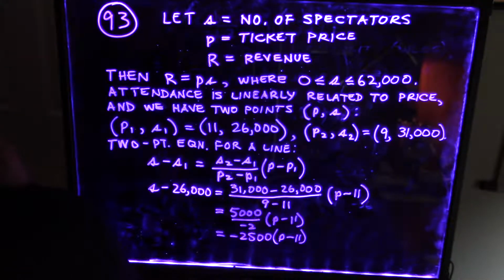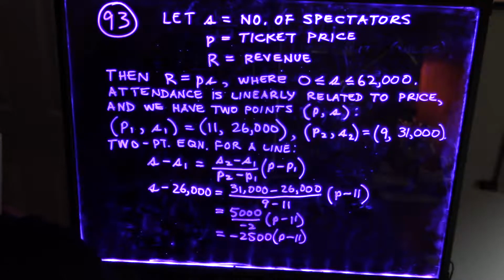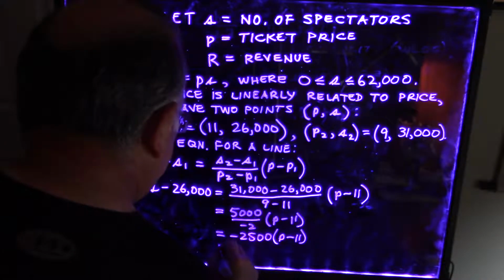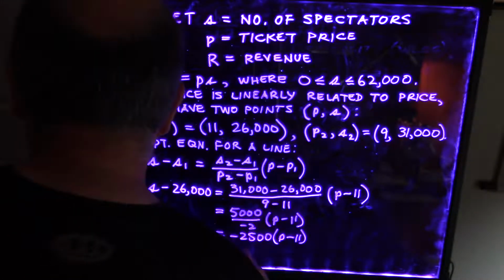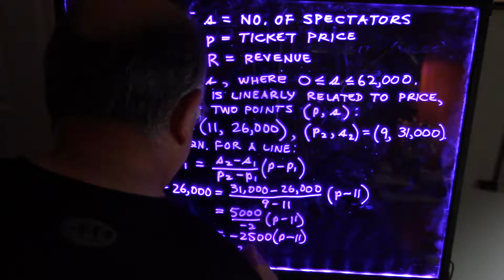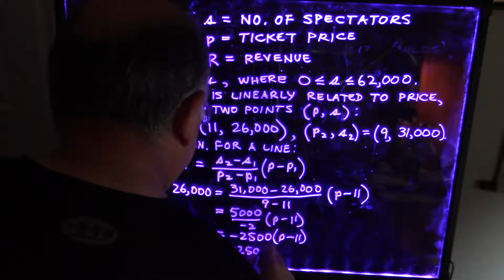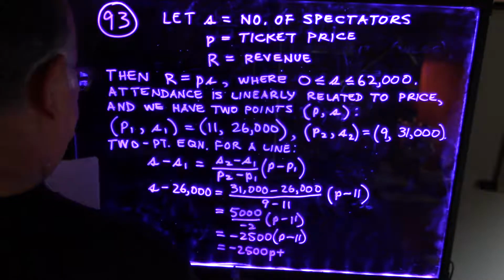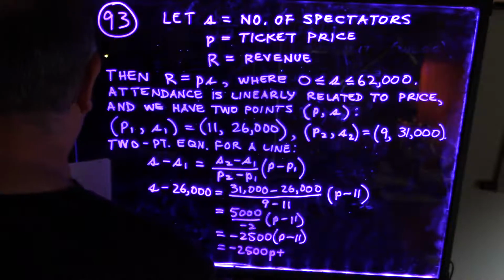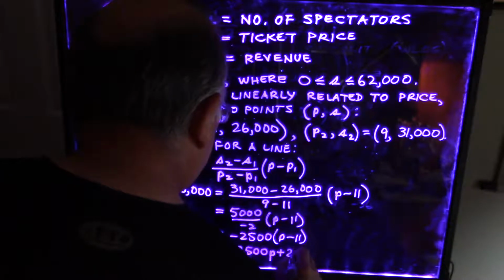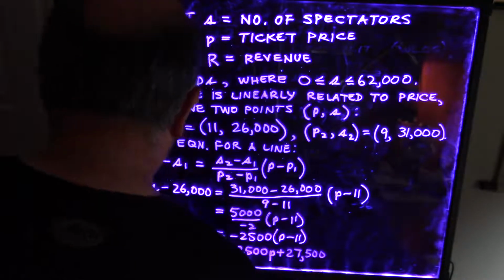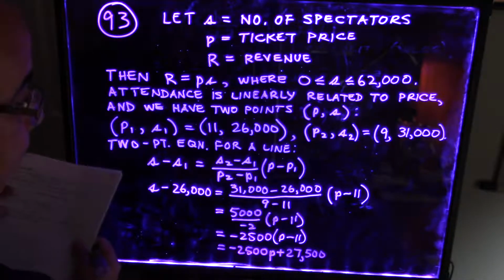Okay, and you can distribute that through, so that equals negative 2,500 p and then negative 2,500 times negative 11 is plus 27,500.